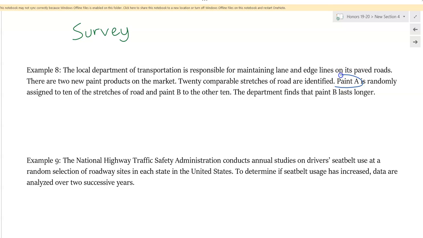I have paint A group and paint B group, okay? Also, right, paint B lasts longer. We found that the effect, right, that's how does the paint last? This is an experiment. Okay, I had my 2 groups and I did something different to them.